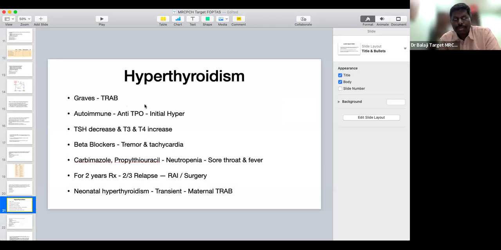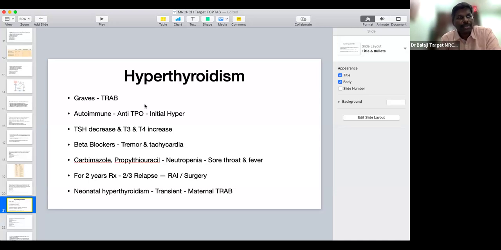Initially, because of the damage in this autoimmune condition, there are some hyperthyroidism features, and then there will be hypothyroidism. In Graves' disease, the TSH receptor gets stimulated straight away by the TSH receptor stimulating antibody, which causes hyperthyroidism straight away.